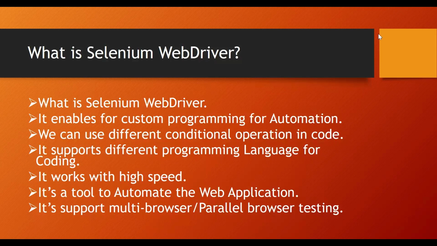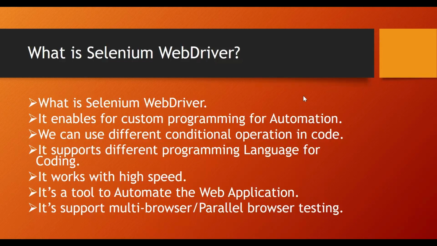The second point is that it enables custom programming for automation. It was not possible in the other Selenium tool, like Selenium IDE, but in Selenium WebDriver a programmer can write custom programming for the automation.